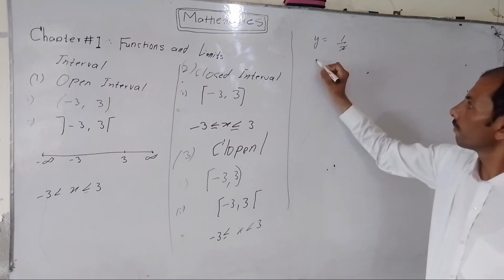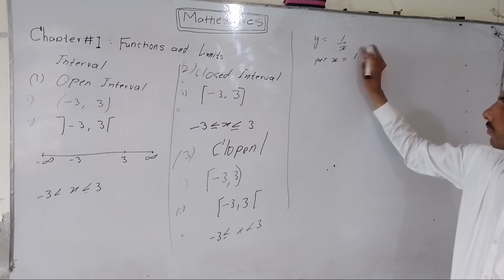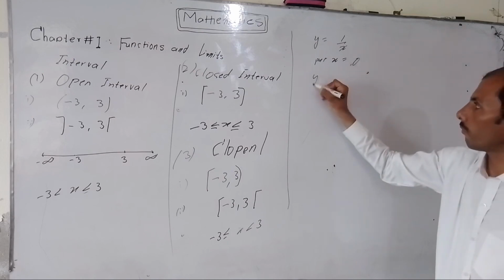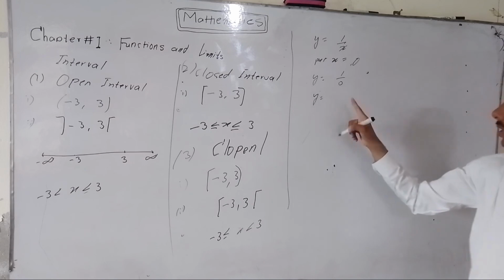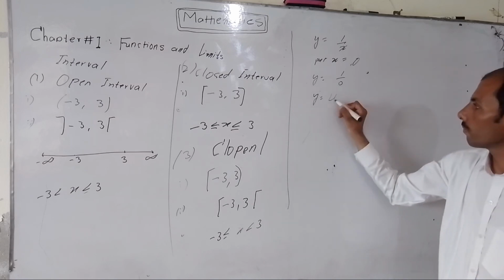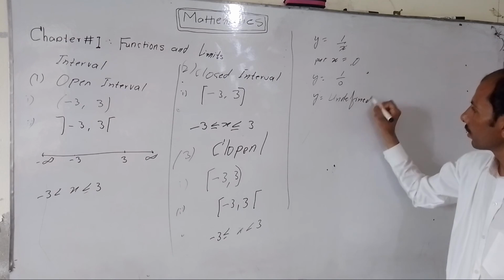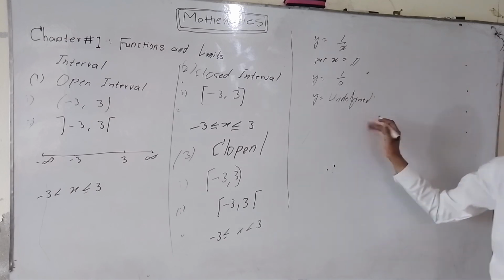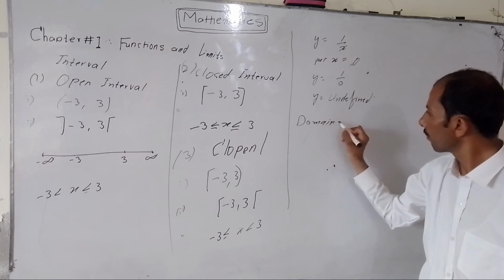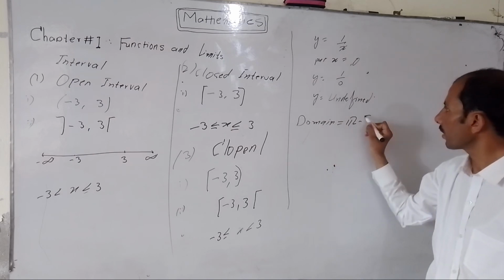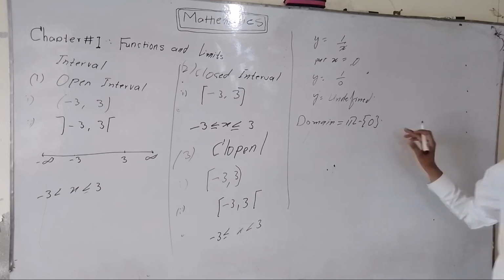Put x is equal to 0, so y is equal to 1 divided by 0. y is equal to undefined. Domain is equal to all real numbers other than 0 in interval form.